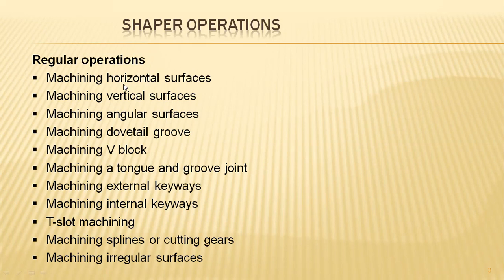The first one is machining horizontal surfaces, machining vertical surfaces, machining angular surfaces. Here, as per the operational parameters considered, these are the specifications related to it. As per the machinery classification, the machines have their fittings and models in their design in order to progress the shaper operations.